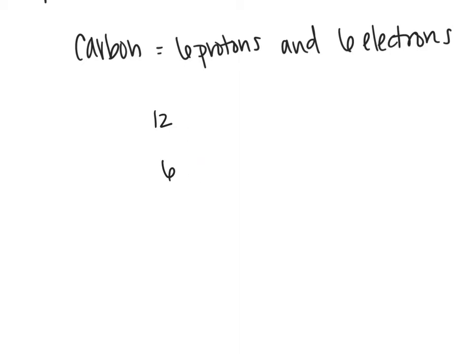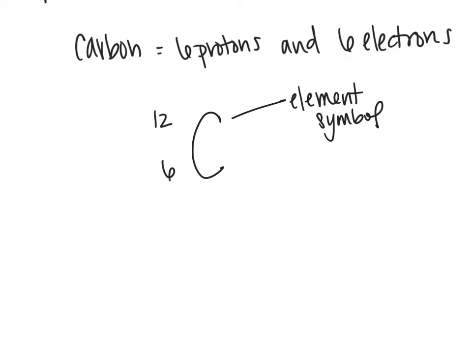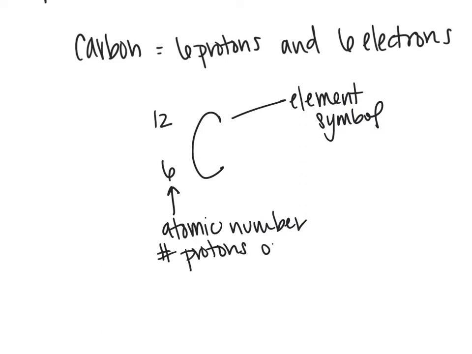Let's draw that a little bit better. In this case, the C is our element symbol, and that comes off of the periodic table. The 6 down here is the atomic number, and this is the number of protons or electrons. In this case, 6 means there are both 6 protons and 6 electrons.